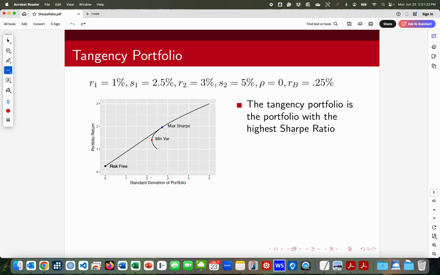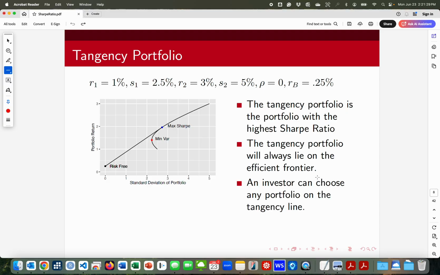So all we're thinking about the tangency portfolio, it's the one on there that has the highest Sharpe ratio. It will always be on the efficient frontier. And now the investor can choose any portfolio on the tangency line. So we can now ignore every single point that's not on the line that connects the risk-free rate with this blue dot right here for the tangency portfolio.